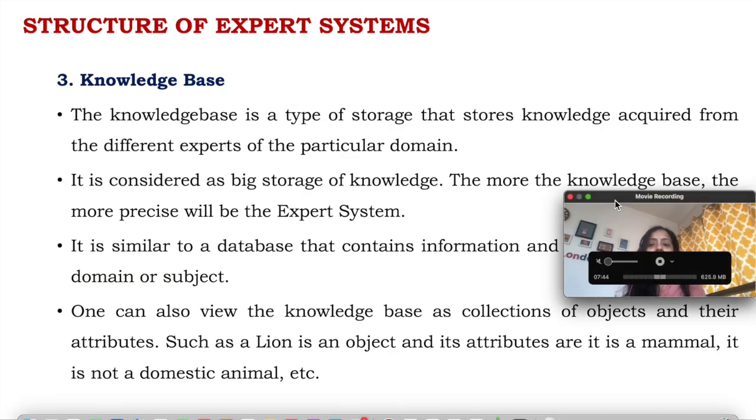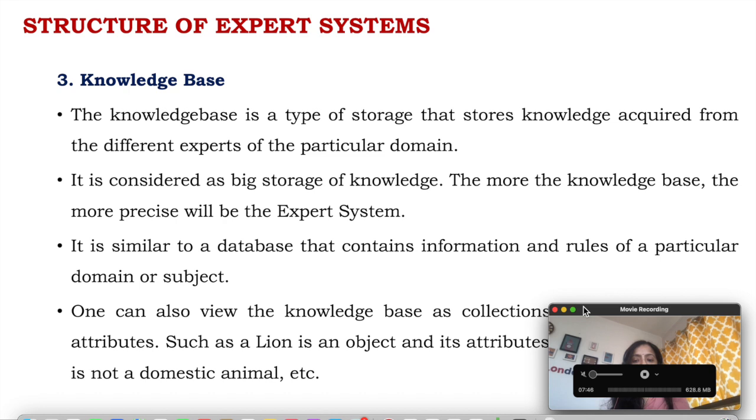Next, we come to the knowledge base. The knowledge base is a type of storage that stores knowledge acquired from the different experts of the particular domain. It is considered a big storage of knowledge. The bigger the knowledge base, the more precise your expert system will be.